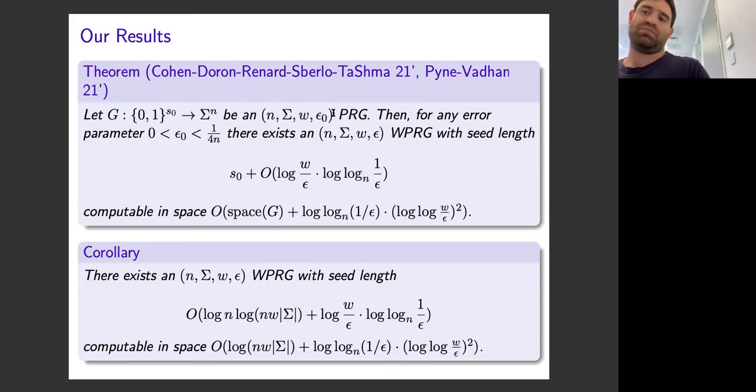Epsilon is smaller than ε₀, and essentially there is no real overhead in the seed of the generator that we construct. You can see this is the original seed plus this. So if you ignore this log term, you simply add log w plus log 1 over epsilon, which is unavoidable if you want a PRG against width-w BPs with error epsilon.